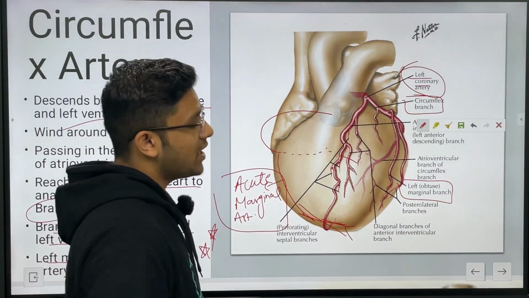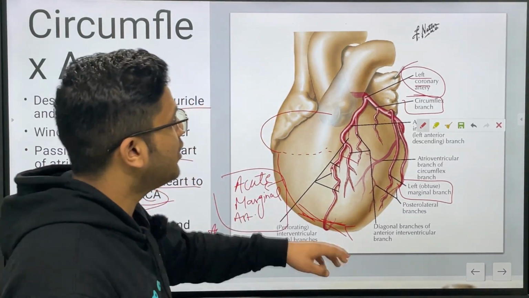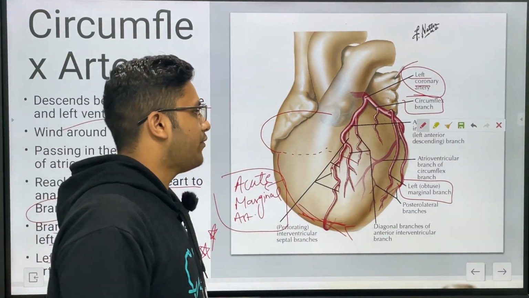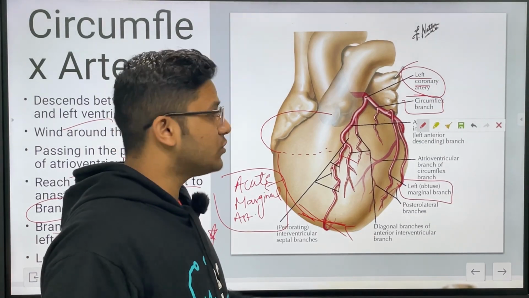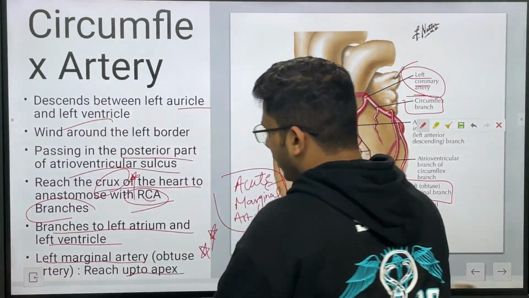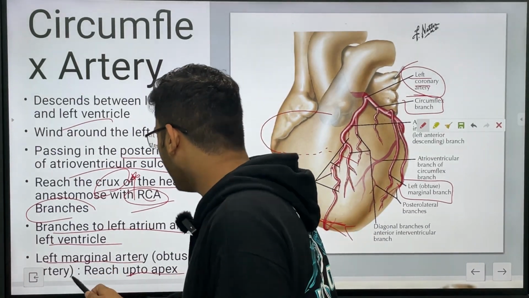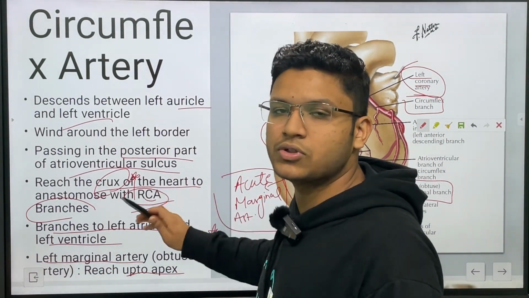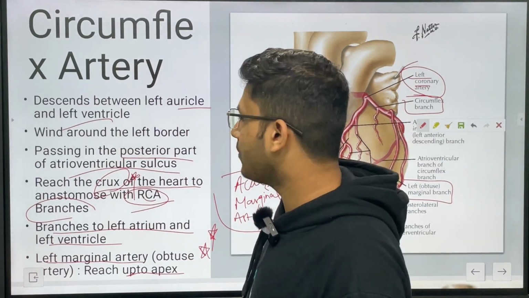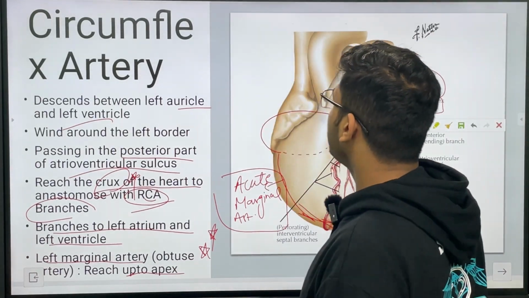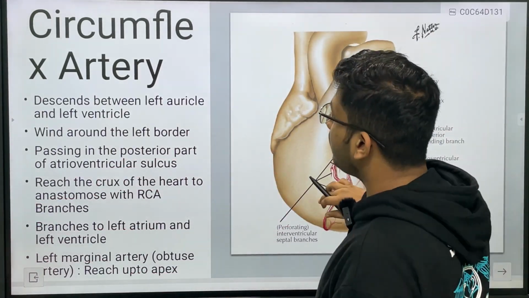The acute marginal artery is the branch of the right coronary artery, but the obtuse marginal artery is the branch of the left coronary artery. So they anastomose at the apex of your heart. So this is what is written here: the left marginal artery, or obtuse artery, reaches up to the apex and anastomoses with your right marginal artery. So this is the circumflex artery.